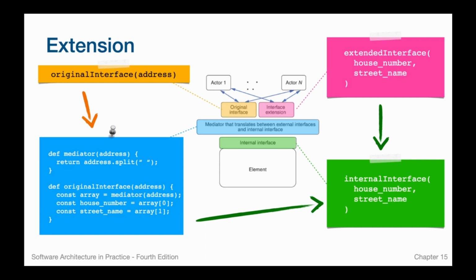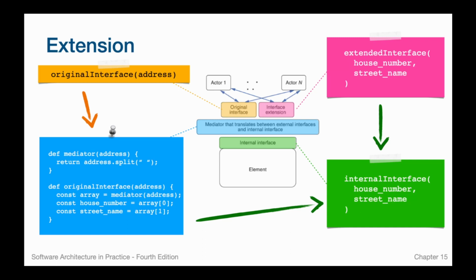So in the orange box there you see original interface, and it has an argument for address. And that parameter we're going to assume would have the number and the street name. Okay? But the extended interface broke out the apartment numbers as a separate parameter. So extended interface is in the pink, and now you can see we have two arguments, house number and street name.